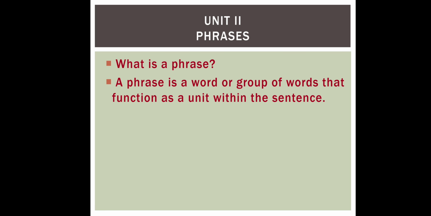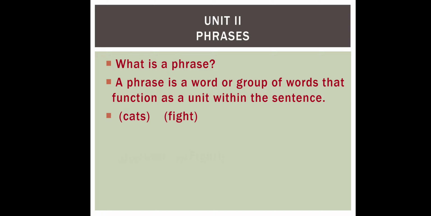So there are types of phrases, and each phrase performs a particular function in the clause. And as I just told you, phrases are made up of a single word or more than one word.